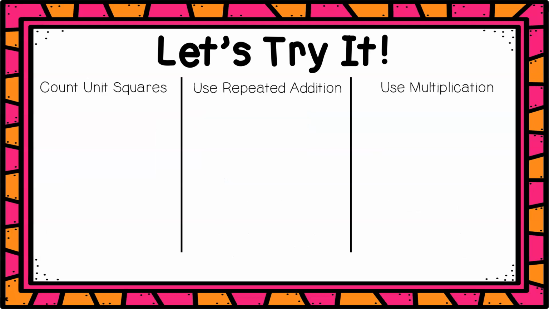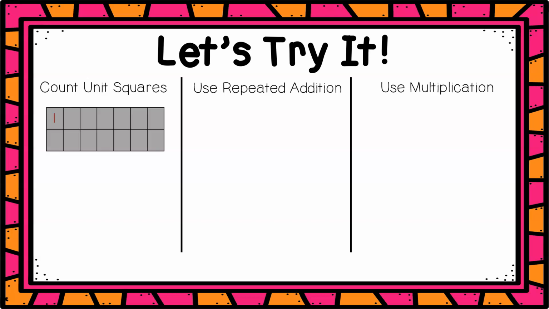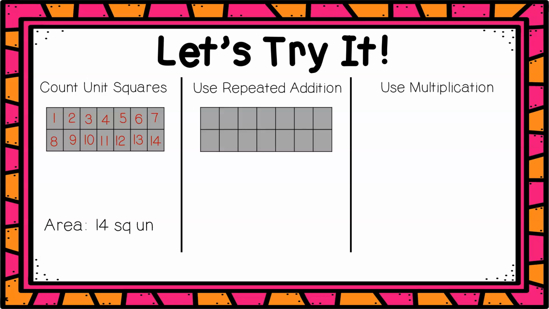Here's another example. We will start with counting the unit squares. Let's count. Ready? 1, 2, 3, 4, 5, 6, 7, 8, 9, 10, 11, 12, 13, 14. The area is 14 square units. Now we need to do repeated addition.